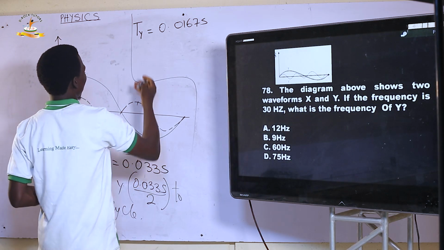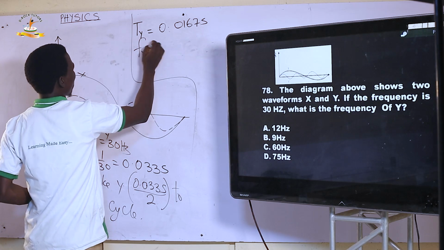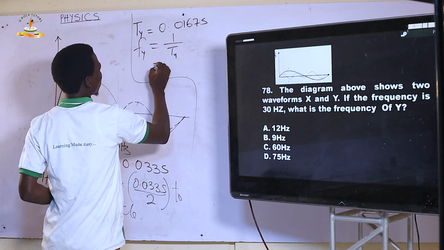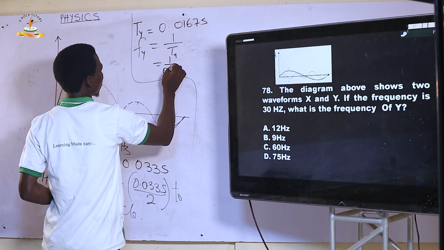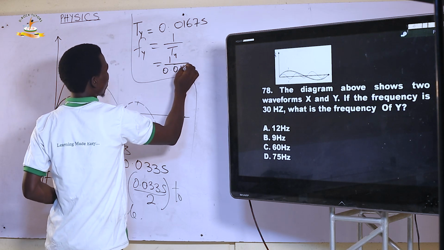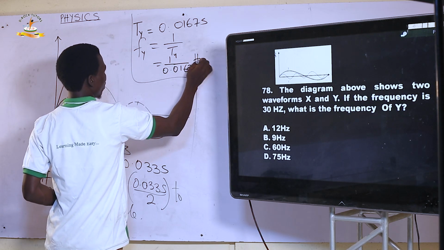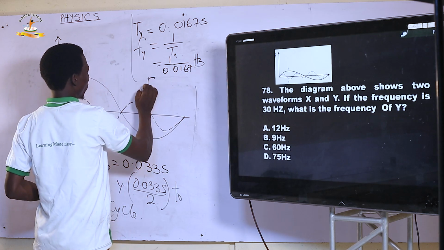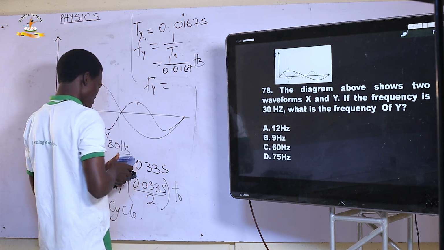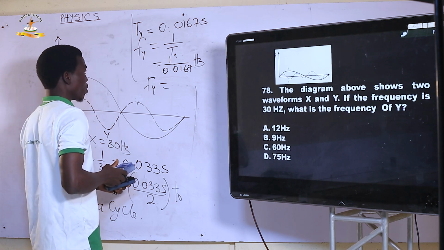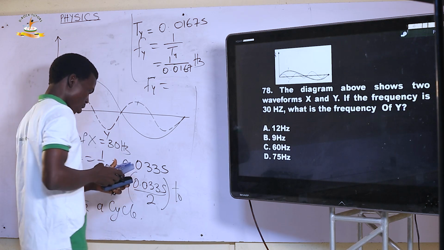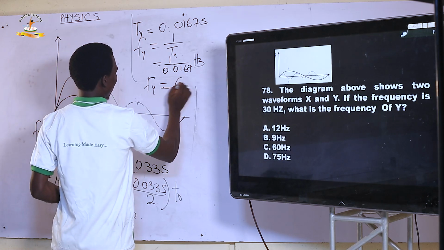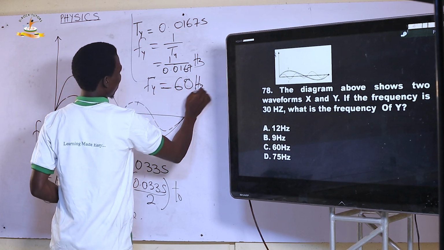Don't forget I said that frequency of y will now become 1 over period of y. That is equal to 1 over 0.0167 hertz, and this is 60 hertz. That is the answer for that.